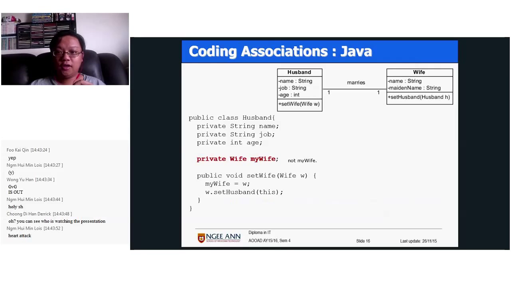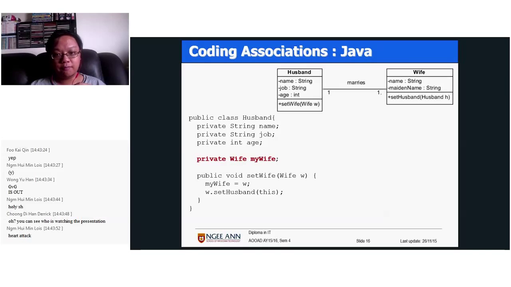Okay, so let's give an example. We have a husband and a wife. We see that a husband marries exactly one wife, and a wife marries exactly one husband. So in this case, we have a public class Husband. We see from the class that it has an attribute name of type string, which is private.